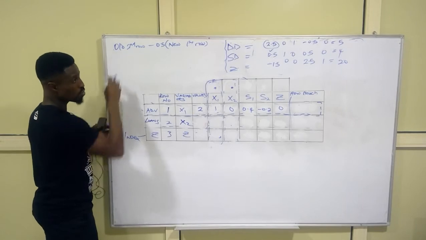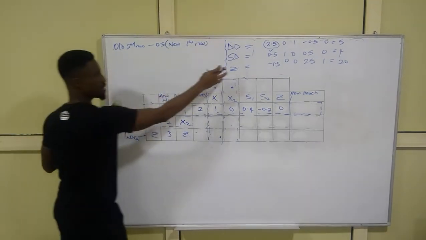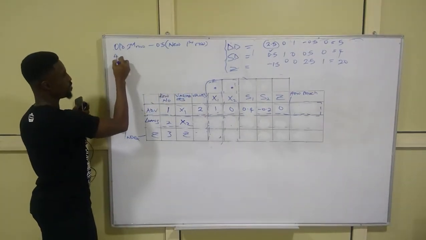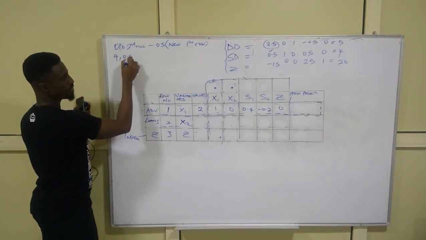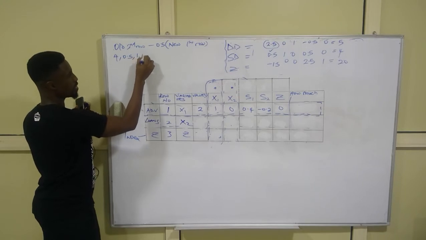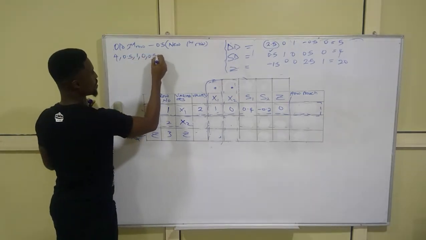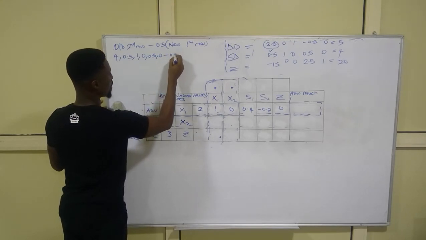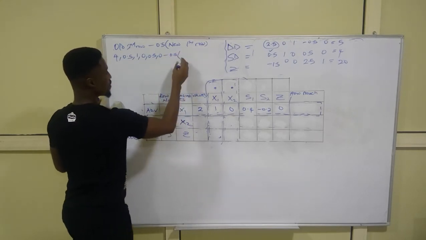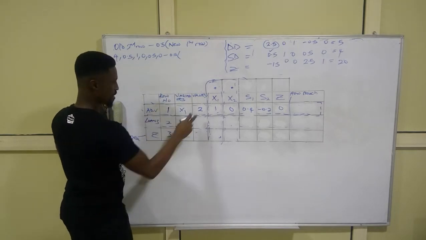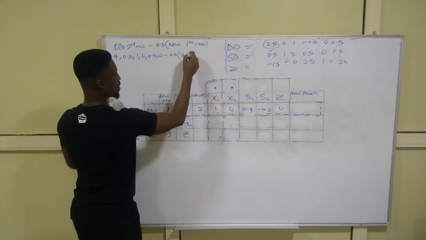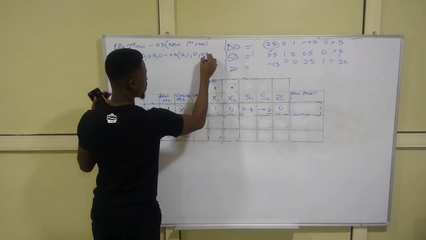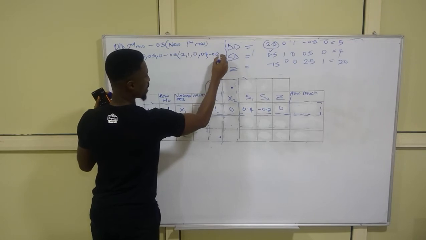So our old second row was giving us 0.5 from here. Let's start from the value 4, 0.5, 1, 0, 0.5, 0. And minus 0.5 multiplied by all of this. The new first row was giving us 2, 1, 0, 0.4, minus 0.2, and 0.